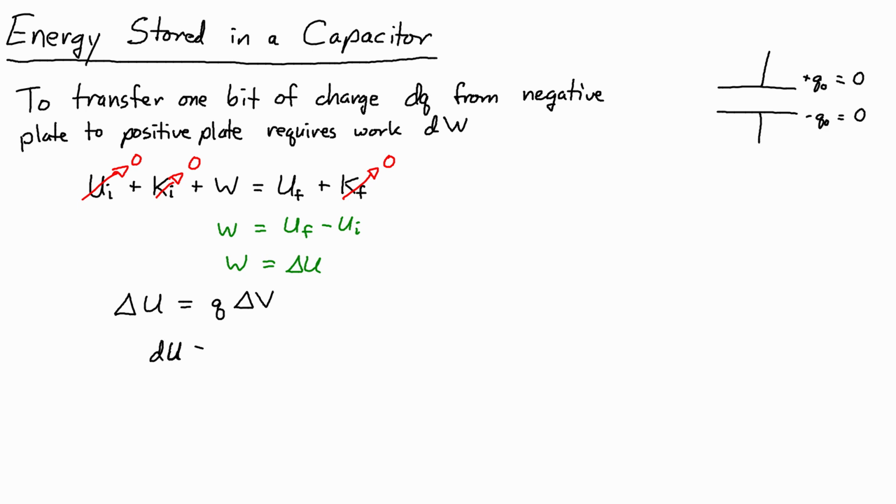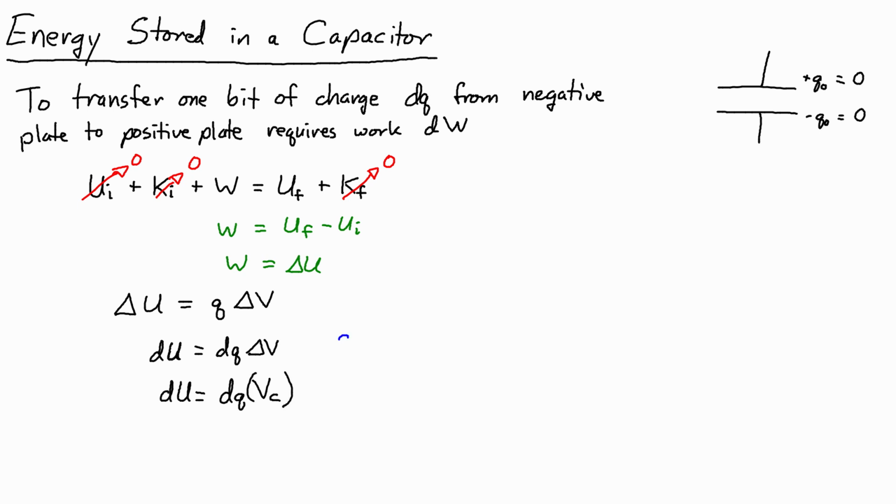So dU for that tiny charge is going to be equal to dQ times delta V. And delta V is the voltage difference that tiny piece of charge goes through. Since we're talking about dQ moving across a capacitor, dQ gets multiplied by the voltage across the capacitor. Delta V is equal to Vc.